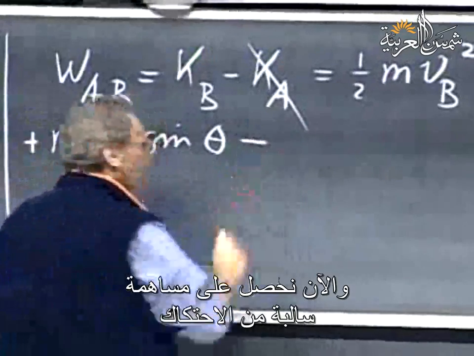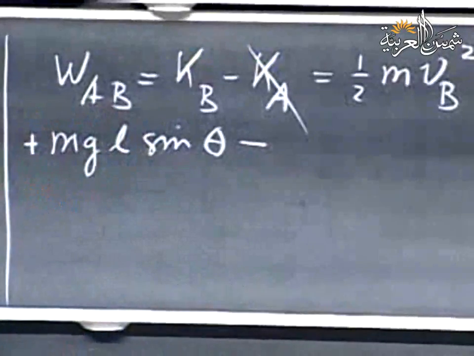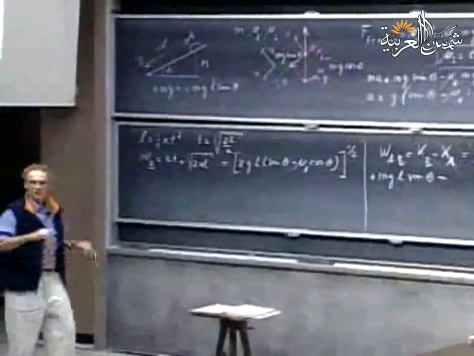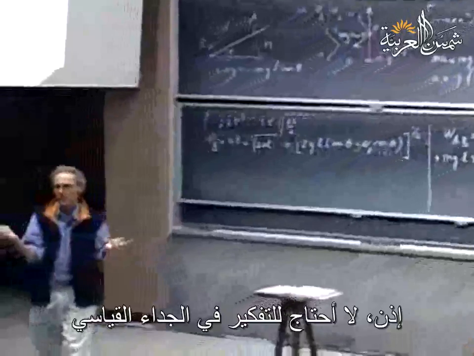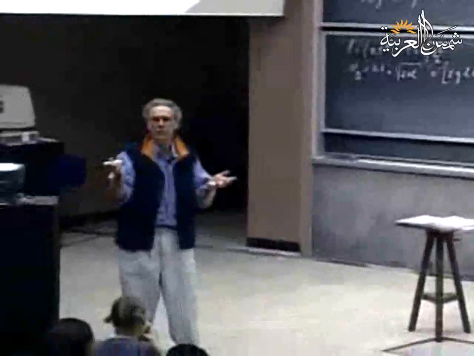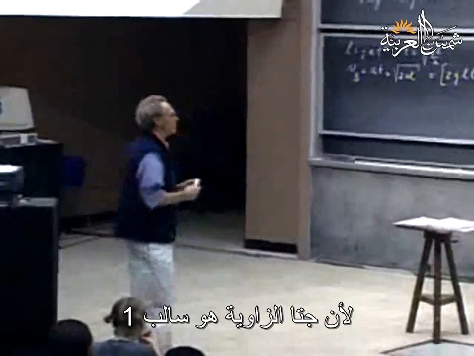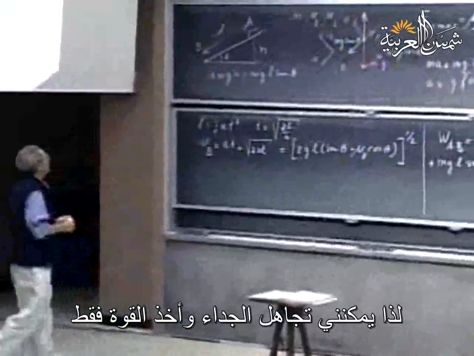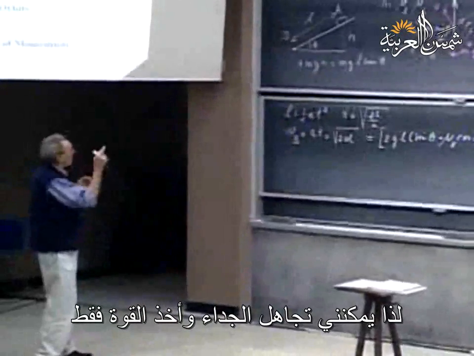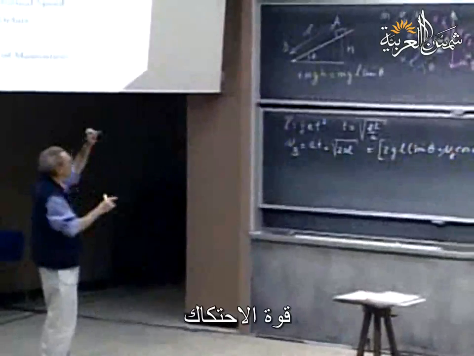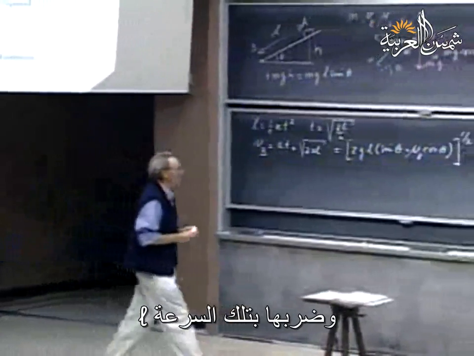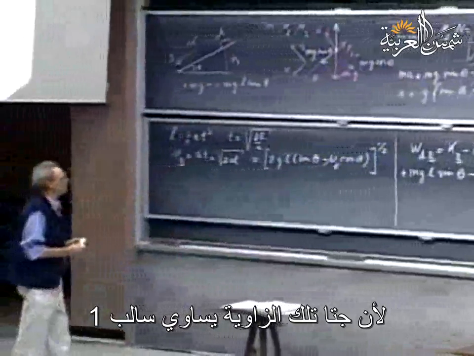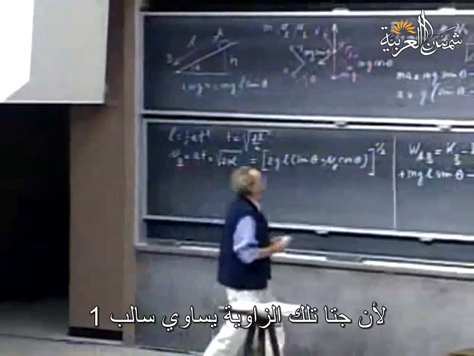And now we get a negative contribution by friction, because the frictional force is uphill, but the motion is downhill. They're 180 degrees opposite, so I don't have to worry about the dot product, because the cosine of the angle is -1. And so I can ignore the dot and simply take the frictional force and multiply it by that distance L, but I have to, of course, take the minus sign, because the cosine of that angle equals -1.